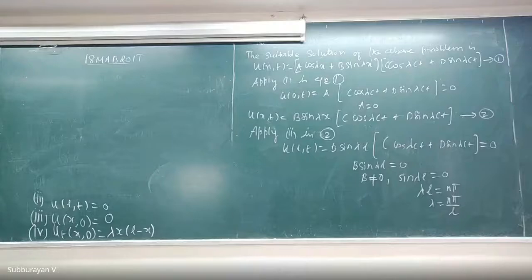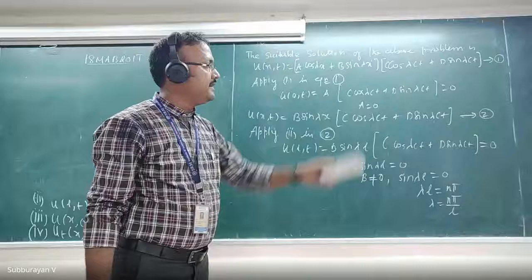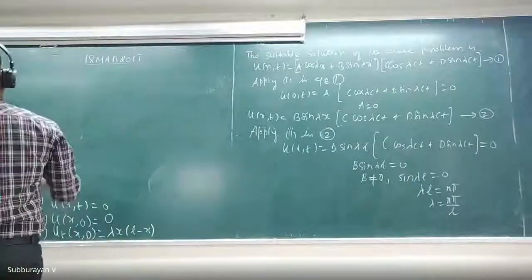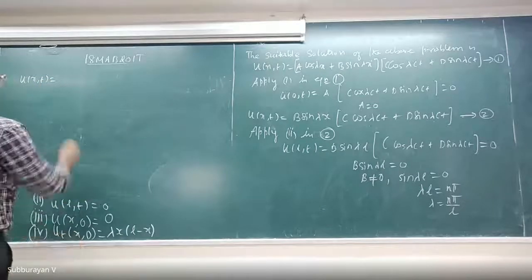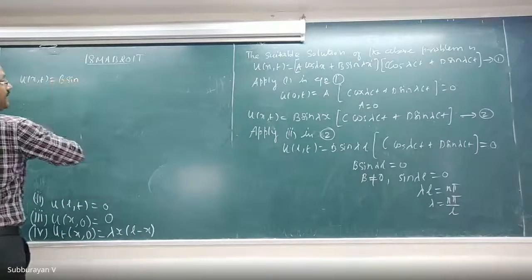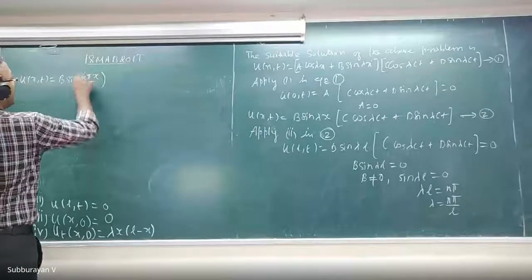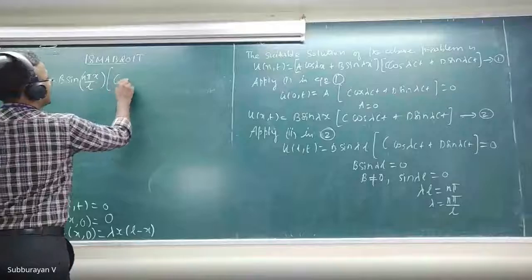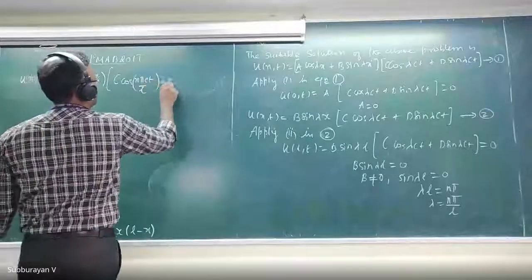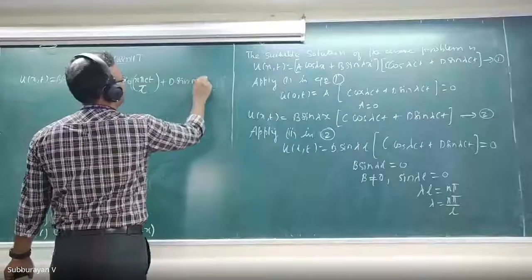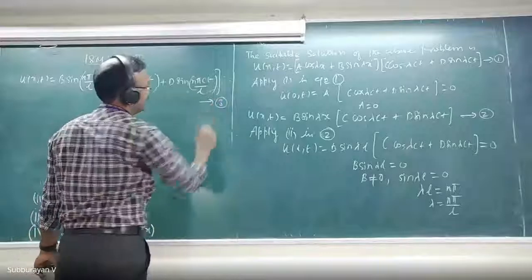Now lambda equal to n pi by L. Therefore replace lambda equal to n pi by L in equation number 2. That is u of x comma t equal to b sin n pi x by L into c cos n pi ct divided by L plus d sin n pi ct divided by L. Now I call this equation number 3.